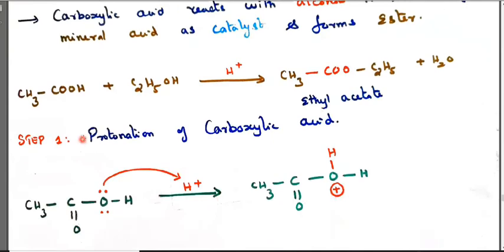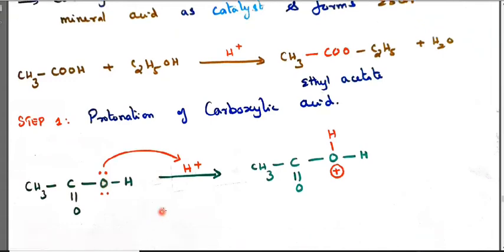Step 1 is protonation of the carboxylic acid. CH3C double bond OH, the structural formula I already told you. Oxygen has atomic number 8, with 2 electrons in the first shell and 6 in the next shell. Out of 6 electrons, 2 are lone pairs, and the fifth and sixth are shared in bonds.